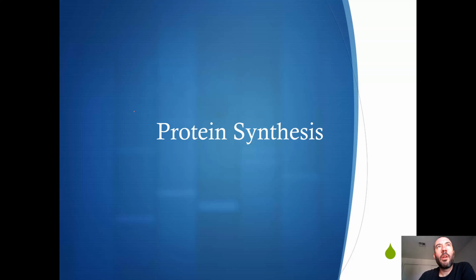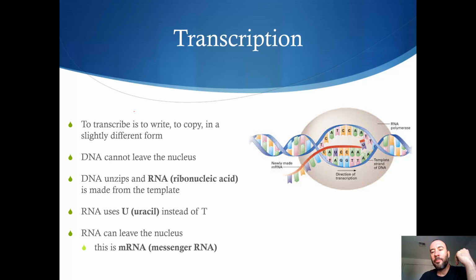So here we're going to talk about how does DNA carry the instructions for proteins, and what does that have to do with sort of building a living being? Okay, so in the process of protein synthesis, creating proteins, there are two broad phases that we talk about. One is called transcription, and the other is called translation.